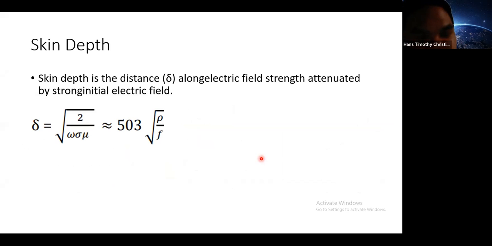The skin depth. Okay. How to get the formula is very long, but I can explain what we get from it.